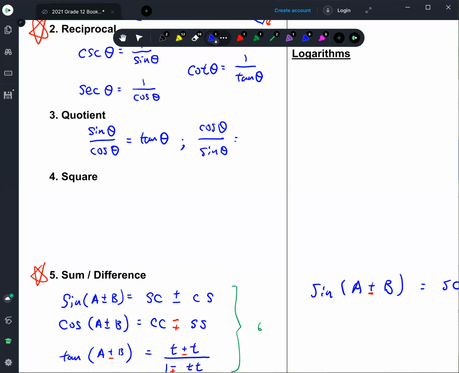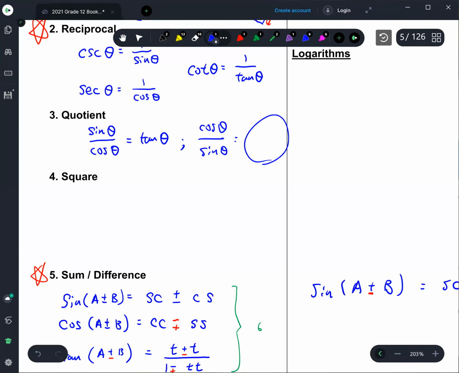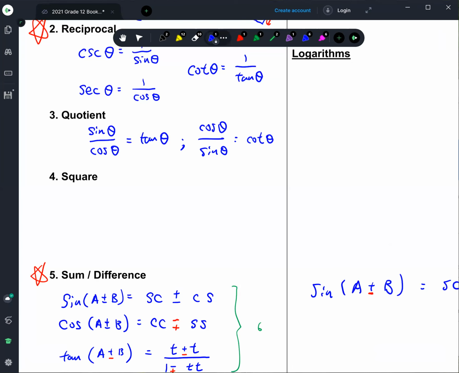We're on the quotient. Right here, what should be here? Cosine over sine should equal what? Cotangent. Yes, cotangent theta. So you take the reciprocal of the left side, and at the same time, you take the reciprocal of the right side.